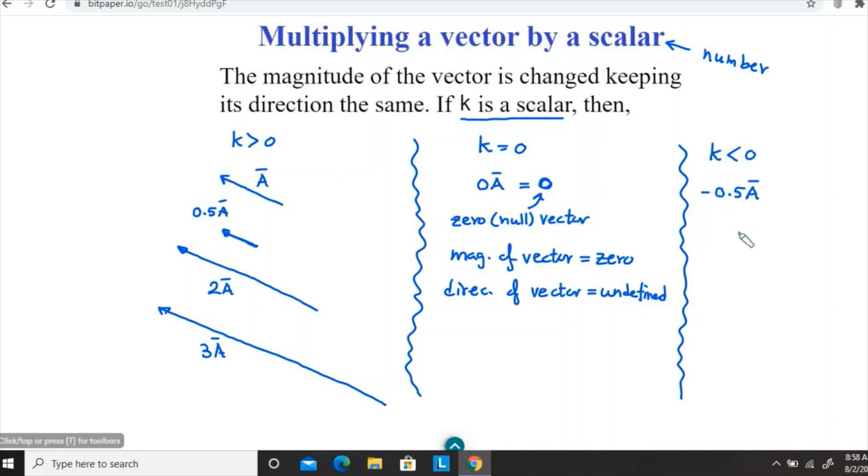Then the new vector will have half the magnitude, but it's pointing in the opposite direction. So the direction reverses when we multiply by a negative number. So for example, negative 2 times a will mean the vector is twice the length, but it's pointing in the opposite direction.